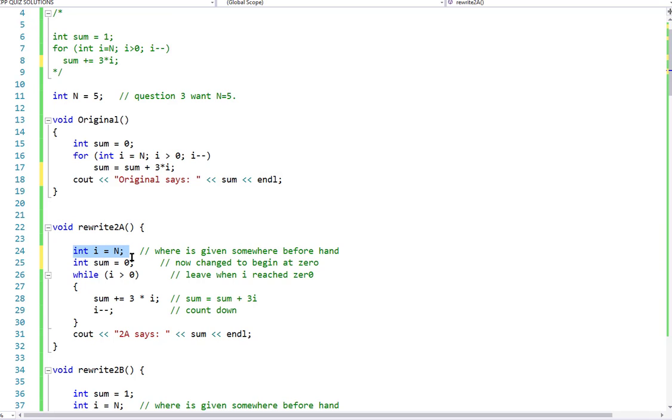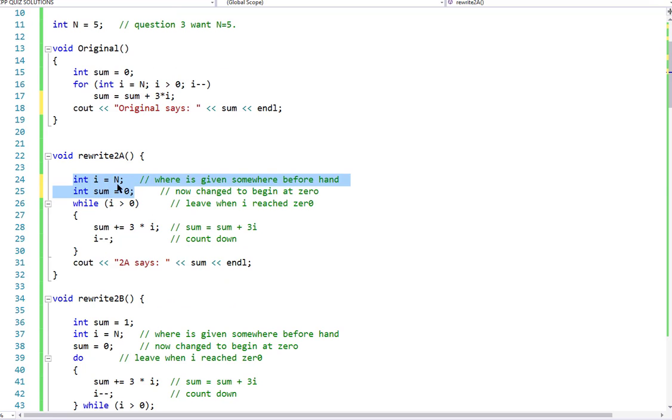There it is, my I equals n, my sum equals 0. Even though I is in the loop here, I have to pull it out. So I pull it out. So here's I and there's sum. And again, n is assumed during a quiz. You just assume your professor or grader will put n equals 5 or some number someplace.